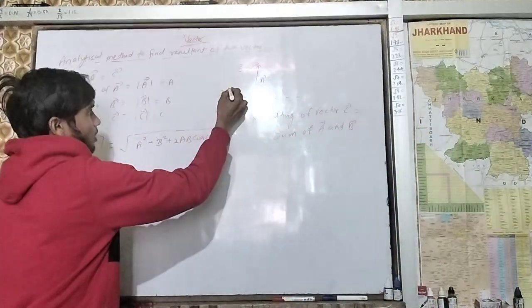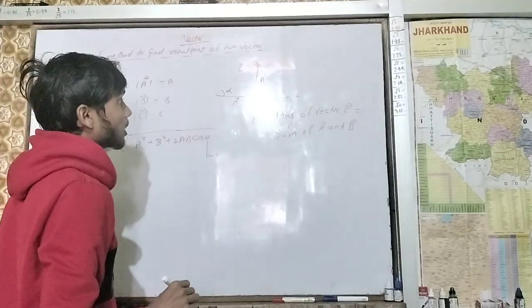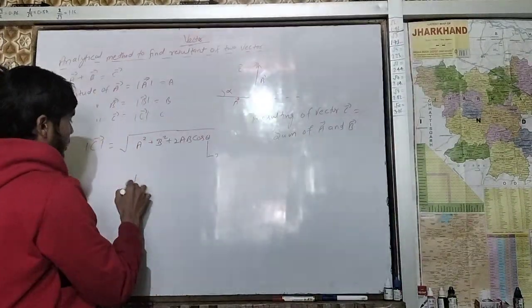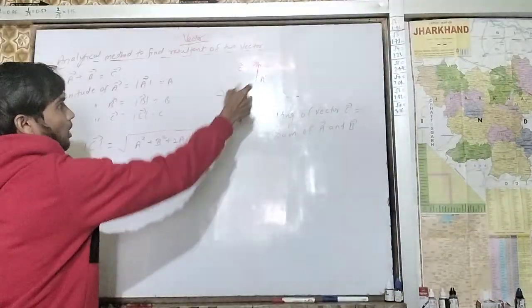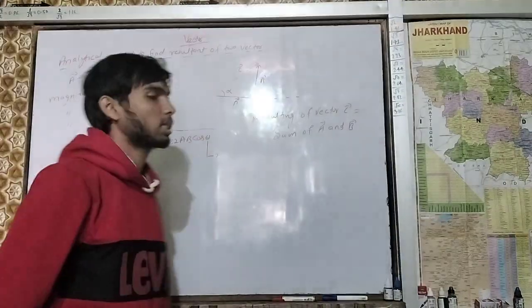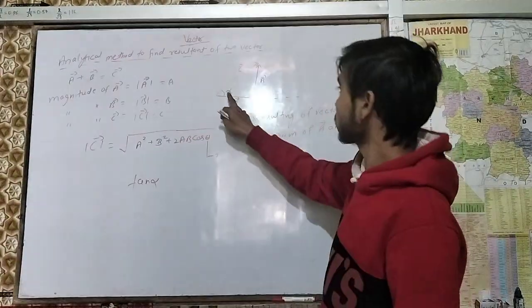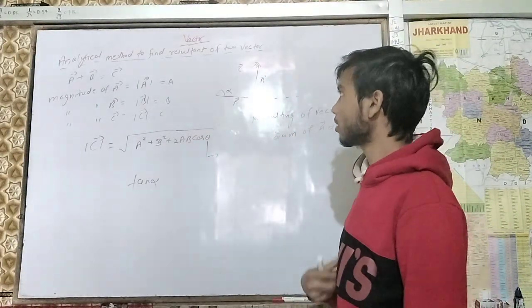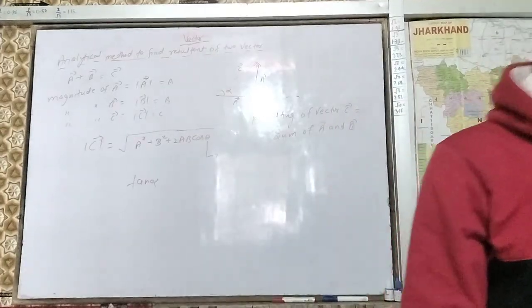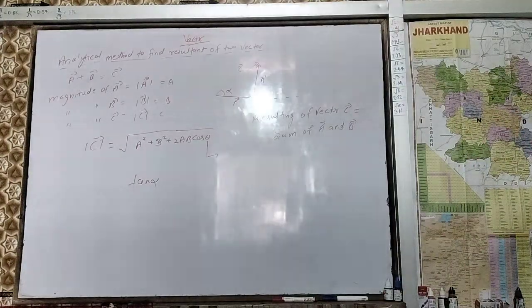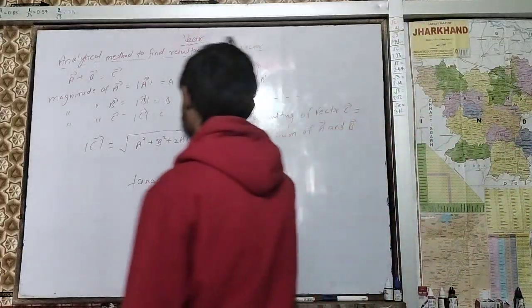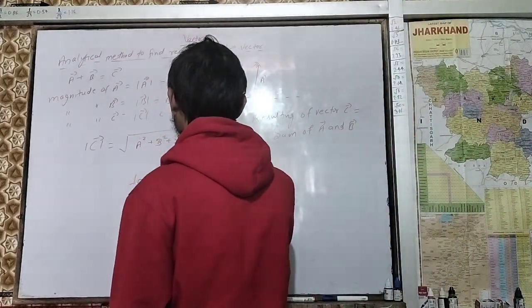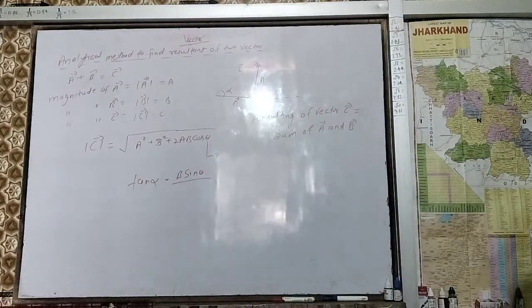So we are talking about this. We consider it as alpha. So tan alpha will be nothing but B upon, according to this theta, this is the perpendicular and this is the base. There is a derivation to calculate. Tan alpha equals B sin theta upon A plus B cos theta.